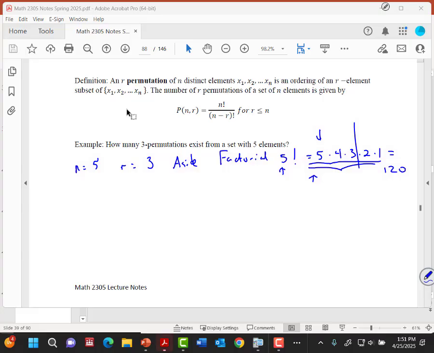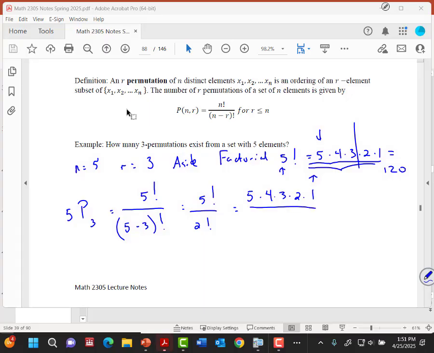So if I compute 5 permutation 3, this is 5 factorial over 5 minus 3 factorial. This is 5 factorial over 2 factorial, and I'm going to get cute with how I write this. This is 5, 4, 3, 2, 1 over 2 factorial, which is 2 times 1.